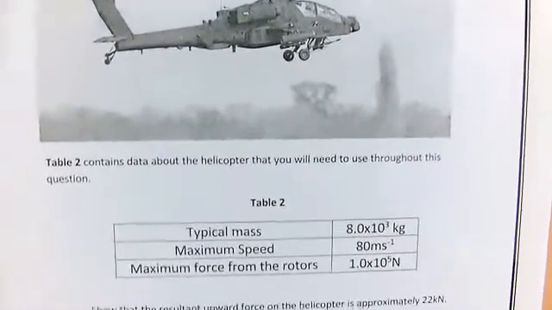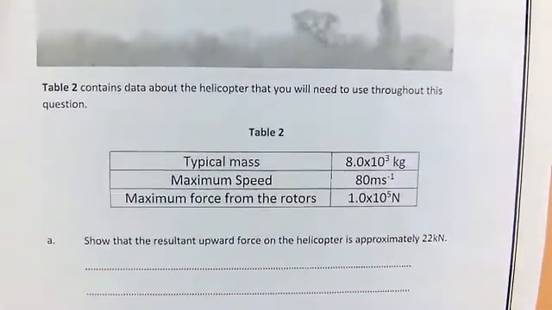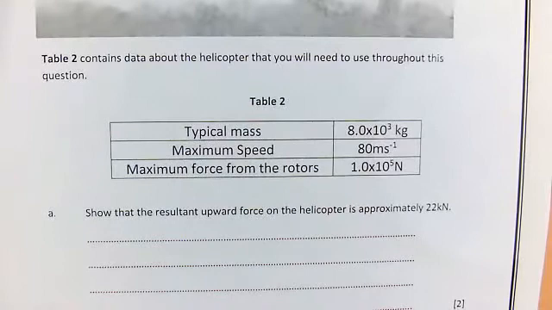So the mass of the helicopter is about 8 tons. The maximum speed is 80 meters per second, and the maximum force from the rotors is about 100 kilonewtons or so. So show the resultant upward force on the helicopter is approximately 22 kilonewtons.